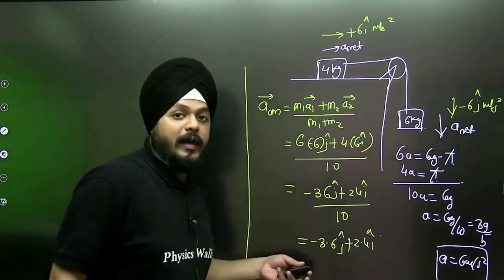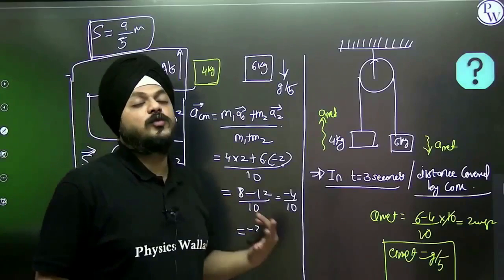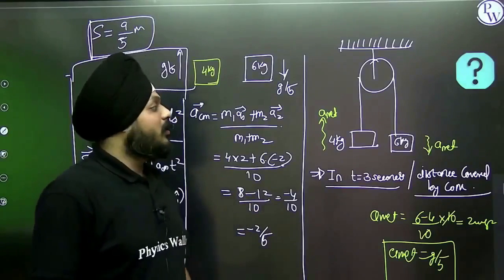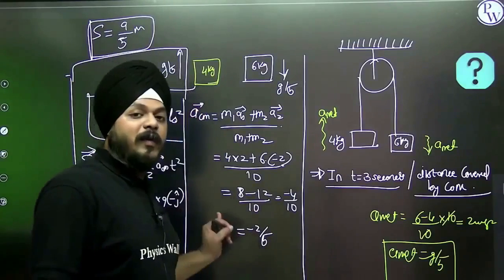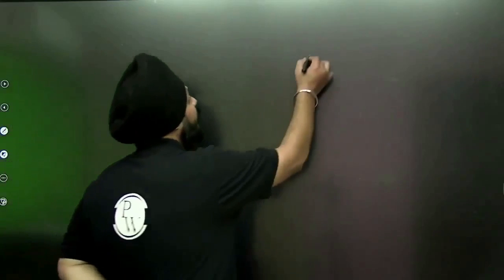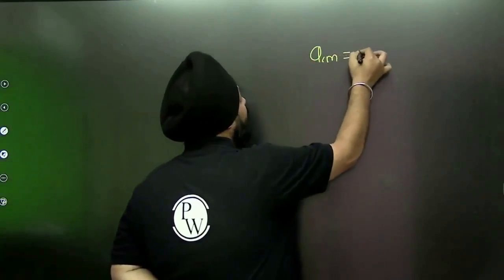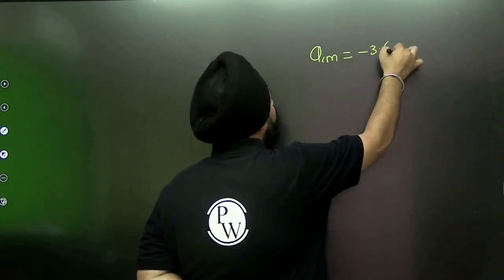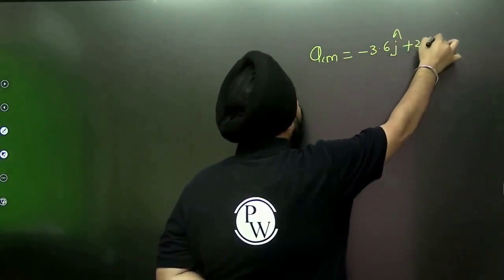This is also constant, but in the previous case we had that in 1D. In this case, we have it in 2D. So the acceleration of center of mass is negative of 3.6 j plus 2.4 i.